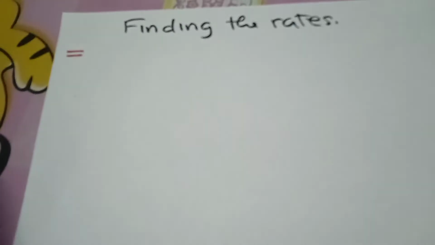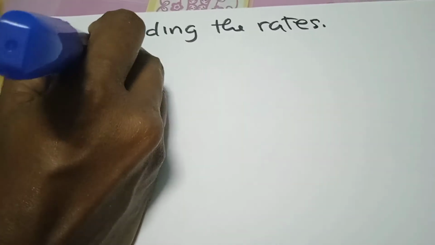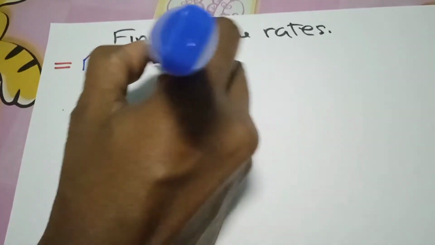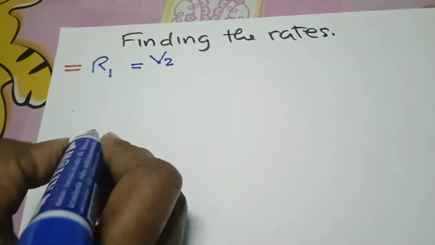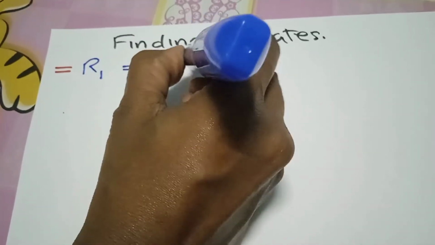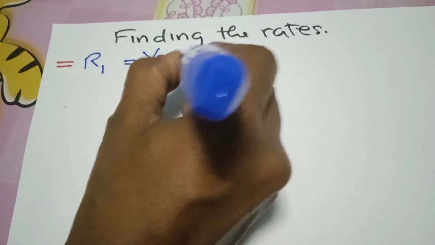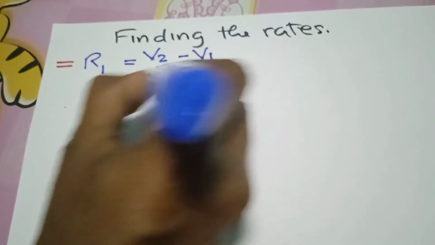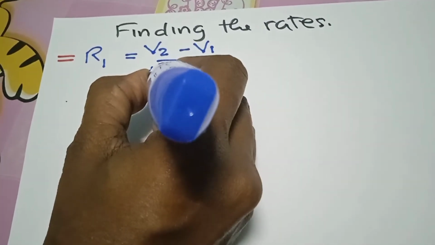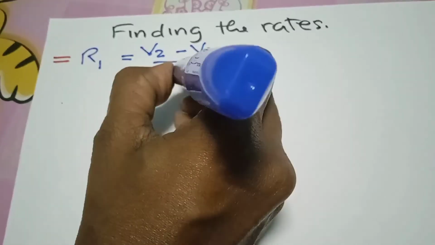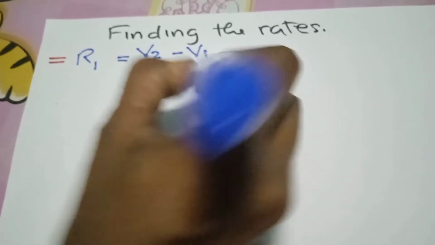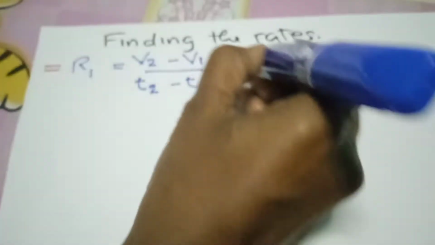The first one, we have R1 is equal to V2, that's the final volume, minus the initial volume, over the final time minus the initial time here.